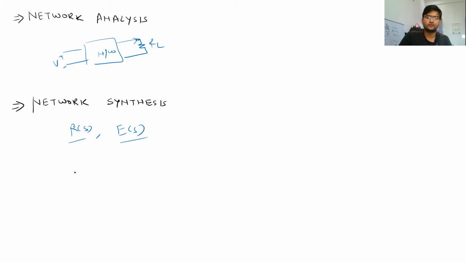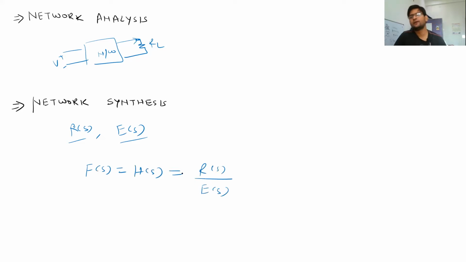In the books or in lecture videos anywhere, you will see something like this, F(s), which can also be written as H(s), and it will be the ratio of response to the excitation. This function is basically called the network function.